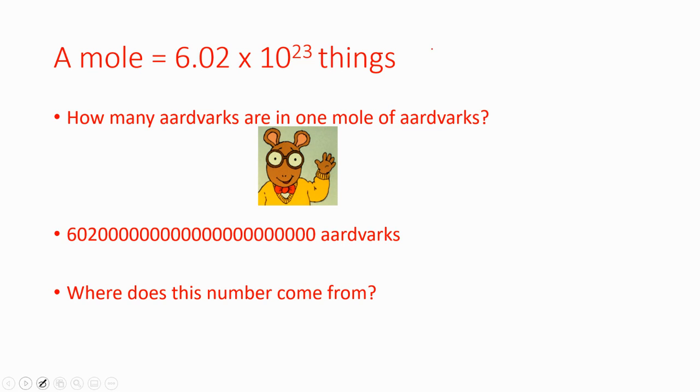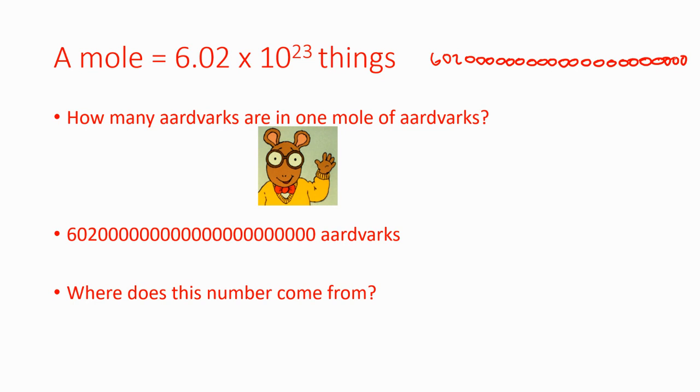Like if I wrote it out, it would be 602 and then 21 zeros that followed it. 6.02 times 10 to the 23rd is probably the largest number that you've ever seen.